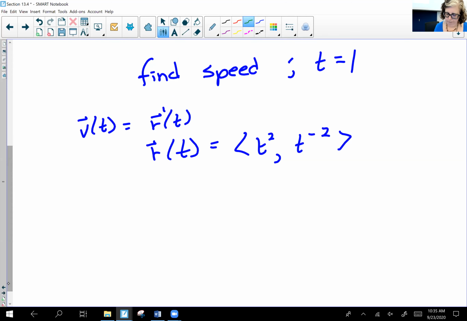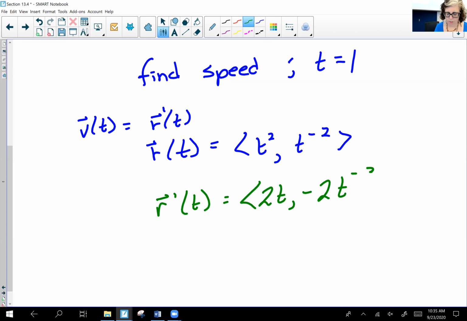And then of course it's my fault because that's the type of students business students are. And then I get these emails. All right, so this is then 2t, negative 2 t to the negative 3. That gives us our velocity vector.